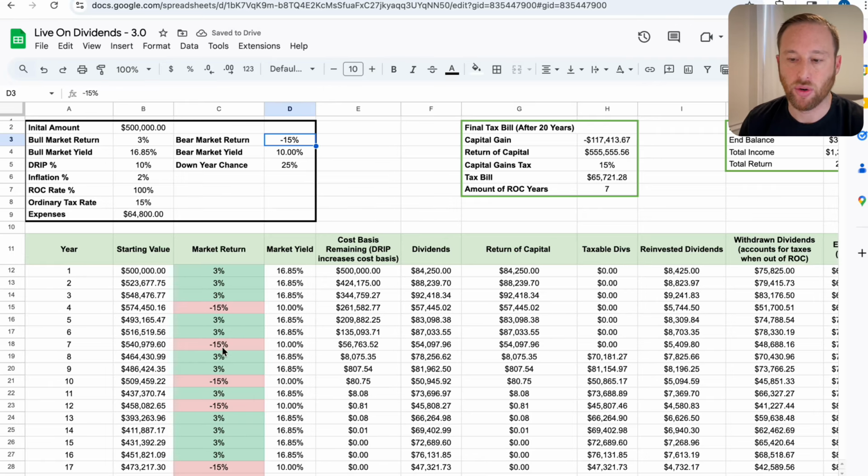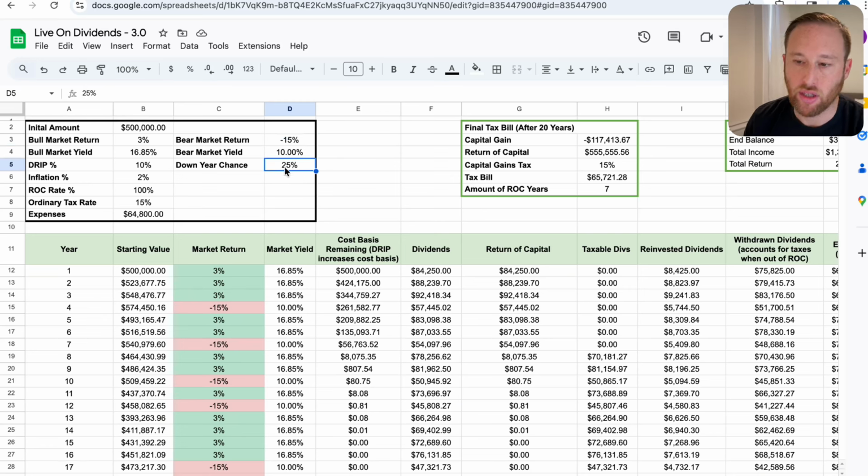And again, the market returns will dynamically, randomly choose which year based on this 25% down year chance, right? So this is a fun exercise and maybe a more accurate exercise to look at what happens in a natural flow of things, right? We're not always going to go up. We will have down periods, and we want to account for that when it comes to dividend investing.